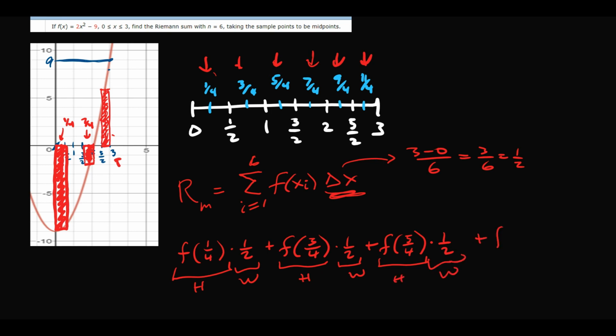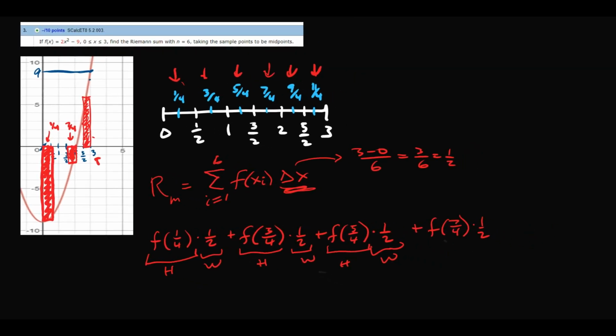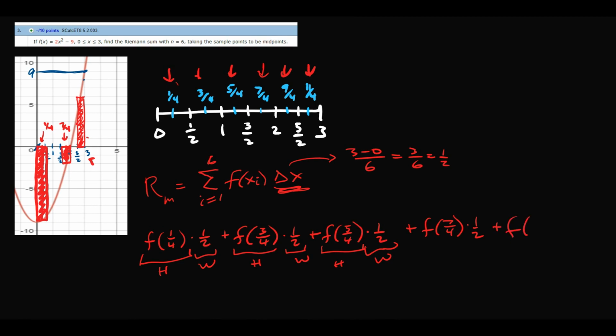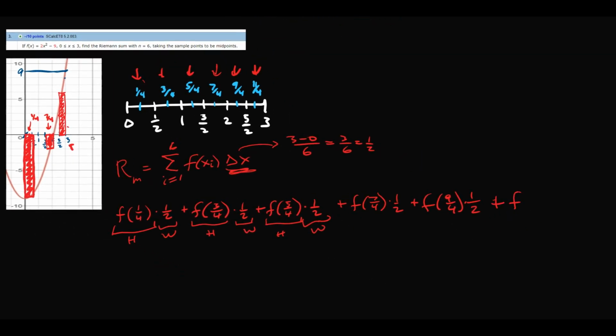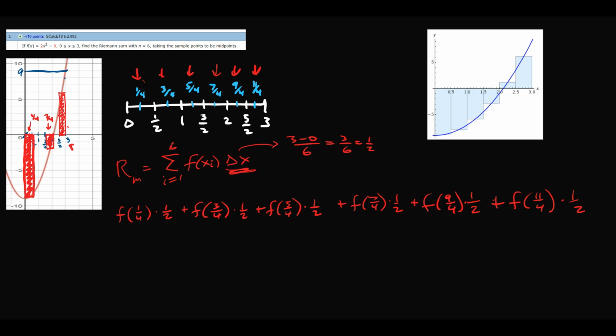All right, so plus f of 7/4 times 1/2 plus f of 9/4 times a half, and then the last one is plus f of 11/4 times a half, like that. And so when you do all this work, you add all this up. So remember our function here was f of x is 2x squared minus 9, right?